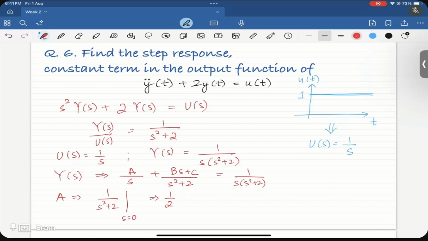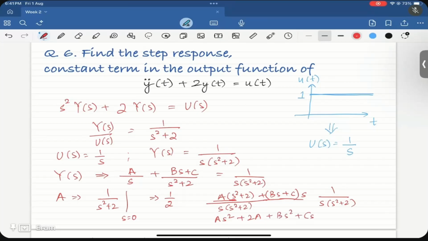So we can take the common factor and then write the numerator in this form, and this should be equal to A(s² + 2) + Bs² + Cs, which should be equal to 1.